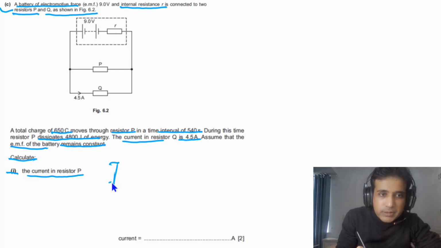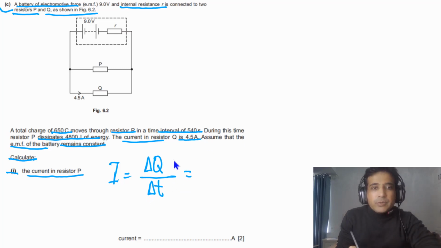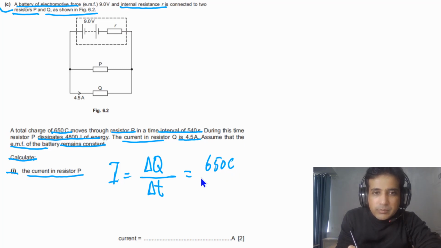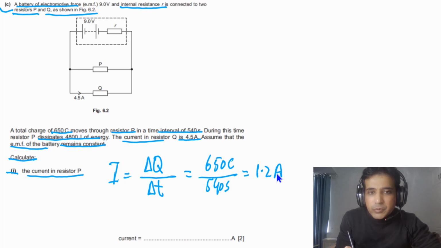So simply we can say I will be equal to the amount of charge passing through resistor P in given time. So this is delta Q over delta T. So delta Q is given to us, that is 650 coulombs, in time 540 seconds. So we can calculate the value of current, that is equal to 1.2 amps.